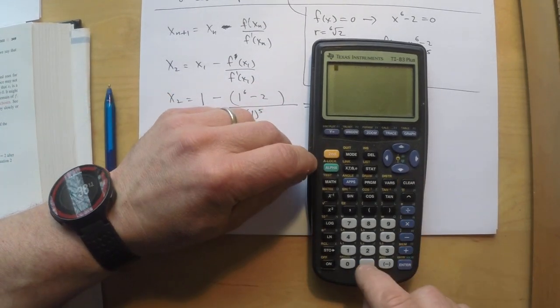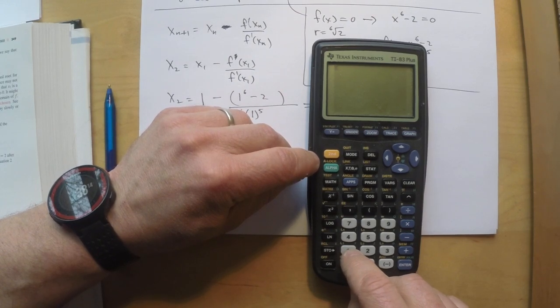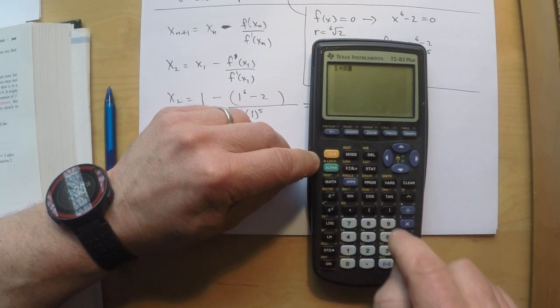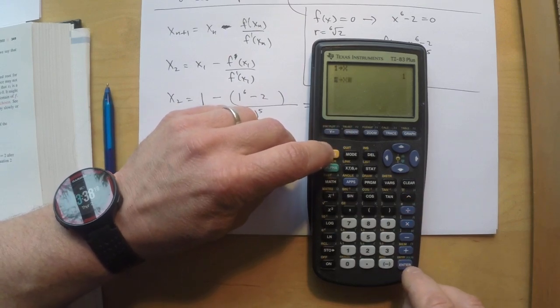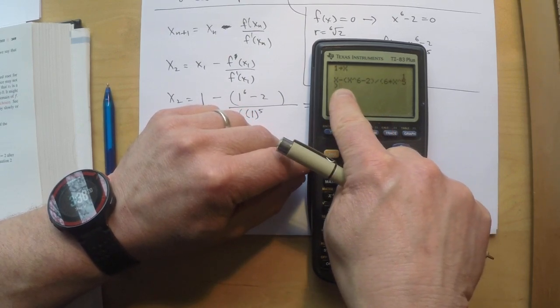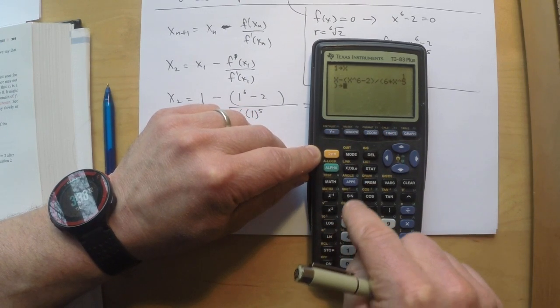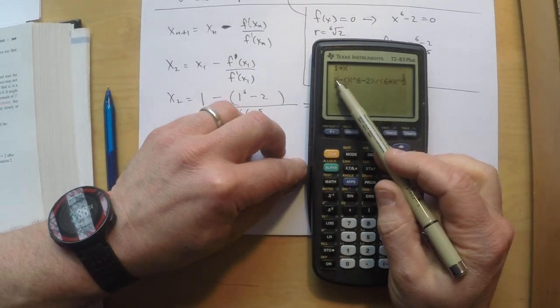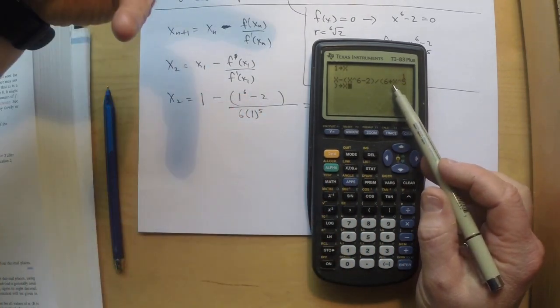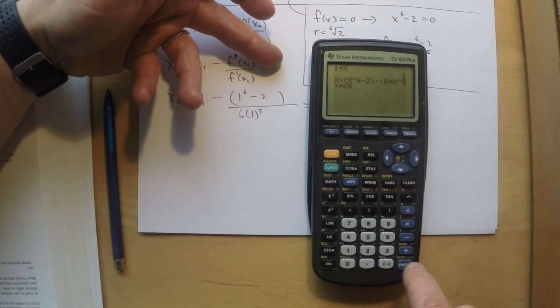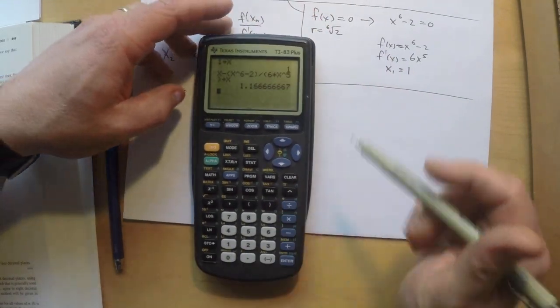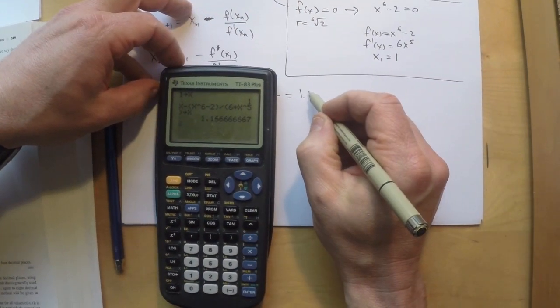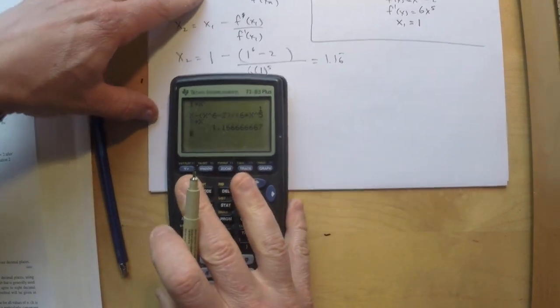But even better, watch this. So first of all, 1 stored as x, there it is. Bring this up. I'm going to add to the end of this, store it as x. So this answer is then going to pump out the answer. It's going to put it back into x. And my first iteration out, we'll write this down, is 1.16 repeat.